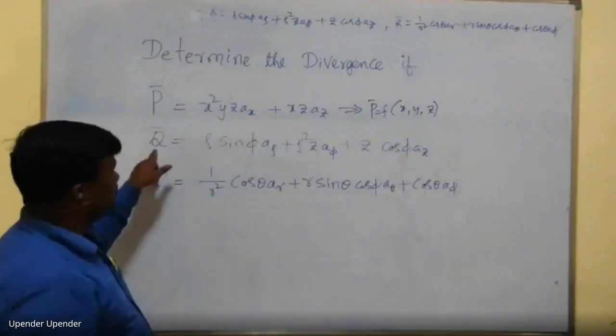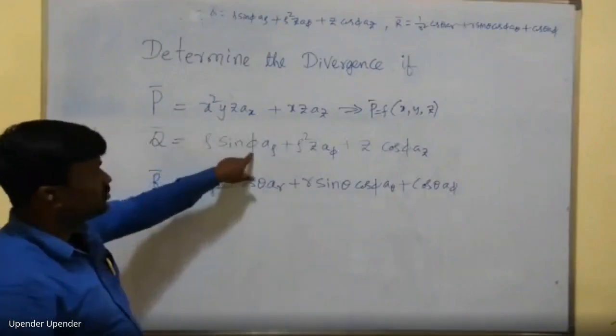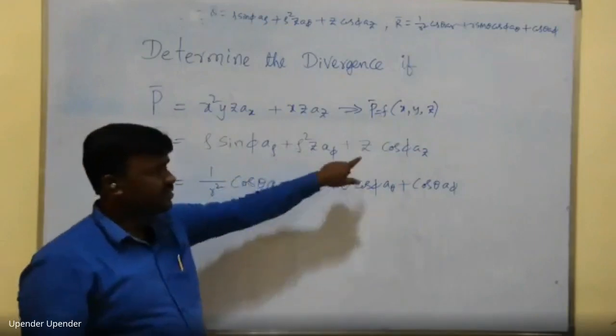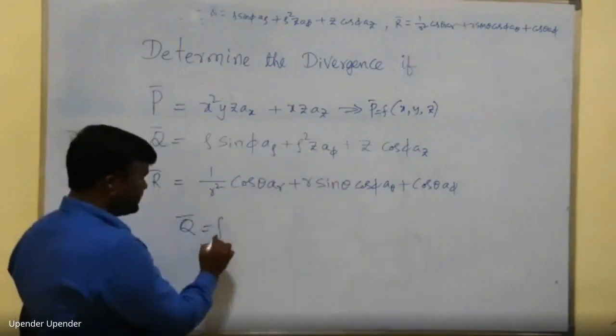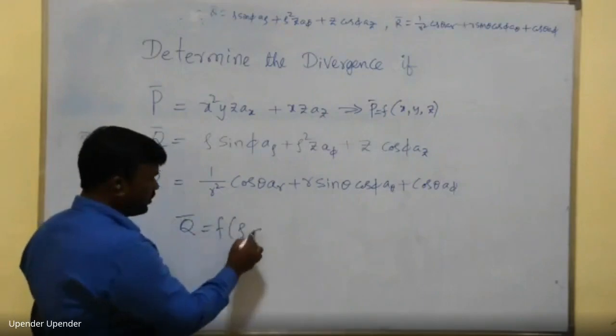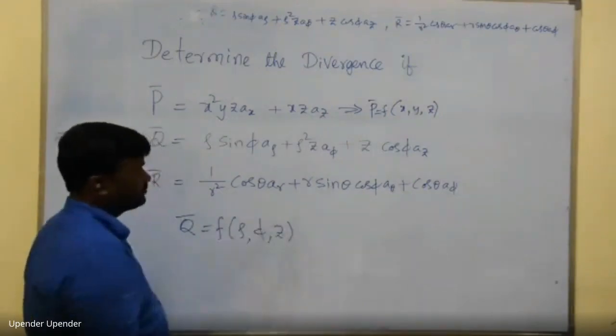Where q bar is a function of what? Here you have rho sin phi, rho square z cos phi, means q bar is a function of rho, phi, z.